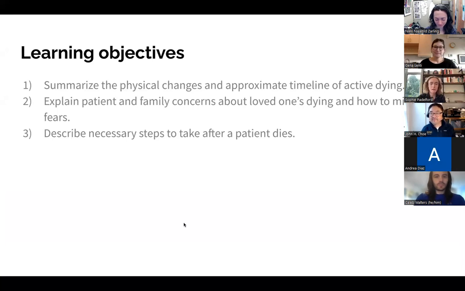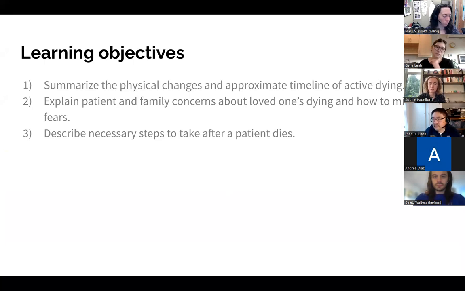All right. So my learning objectives, I'm hoping to just make everyone feel a little bit more comfortable working with patients who are actively dying and helping patients' families navigate the dying process. First, I'm going to explain and summarize the physical changes and approximate timeline of active dying, so the days prior to death, and hopefully make you feel empowered to share that timeline with patients and families and demystify the dying process a bit.